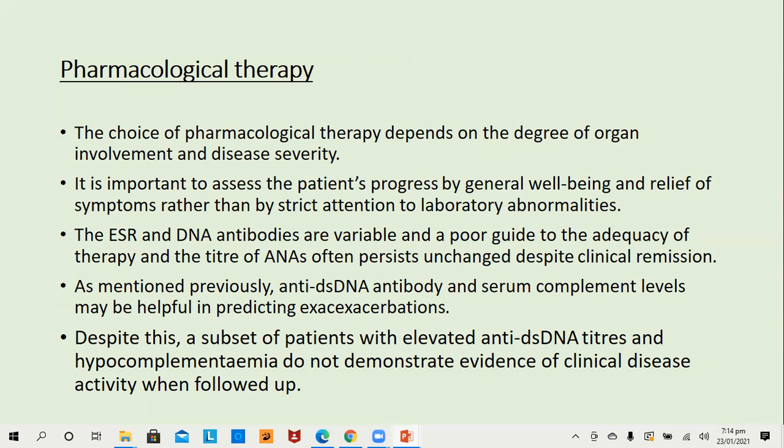As mentioned previously, anti-double-stranded DNA antibody and serum complement levels are useful indicators to predict exacerbations and remissions. Despite this, a subset of patients with elevated anti-double-stranded DNA and hypocomplementemia do not demonstrate evidence of clinical disease activity when followed up.